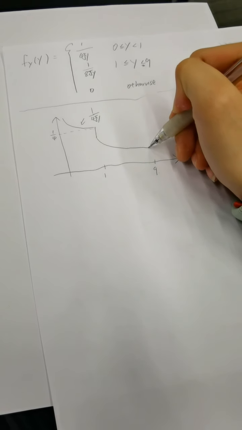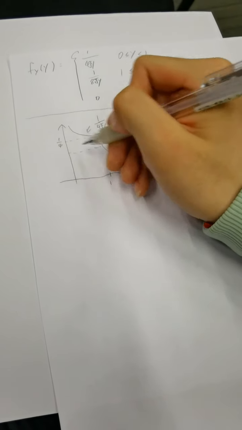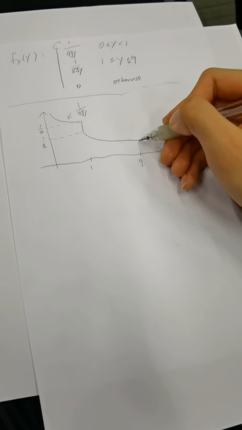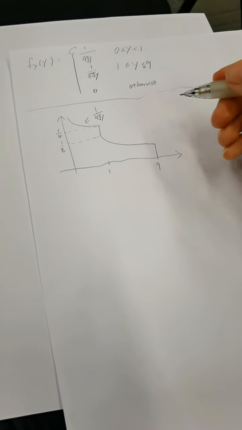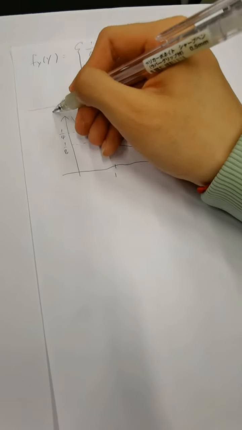For otherwise it's 0, so the other part is just 0. So this is the graph for the small f(y).